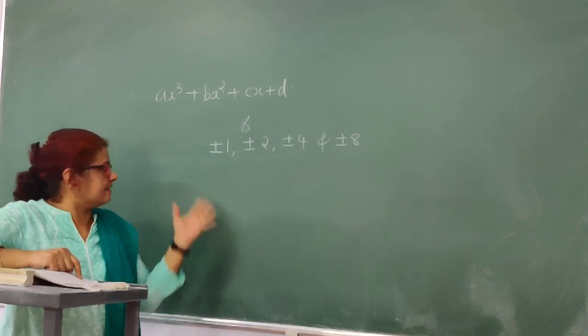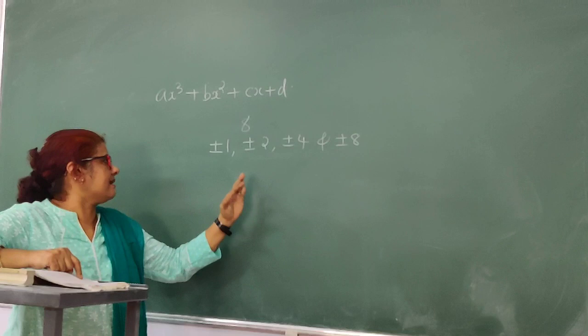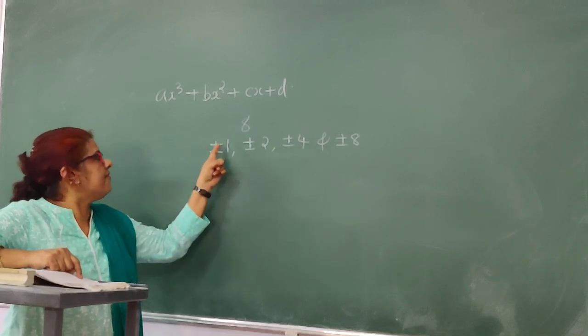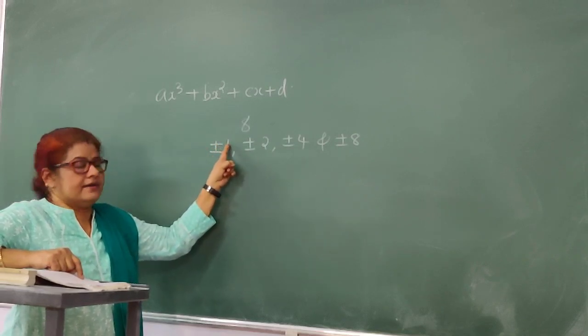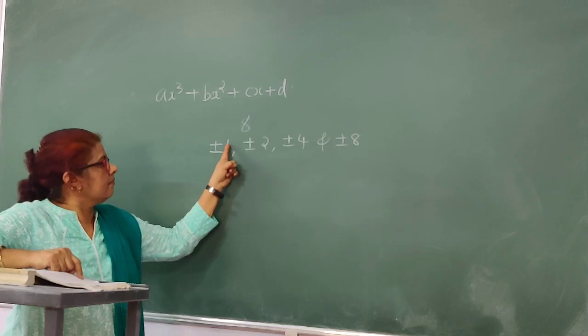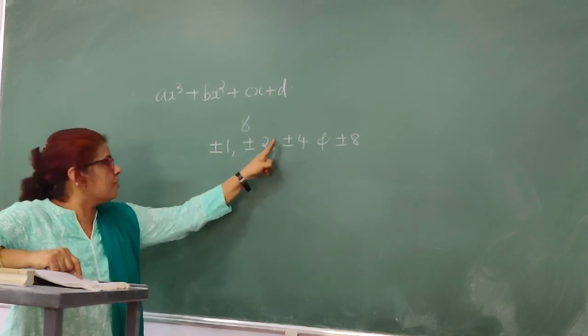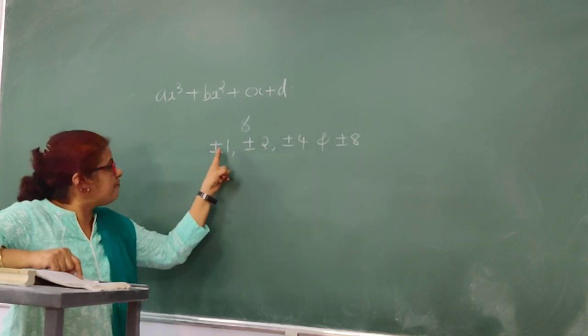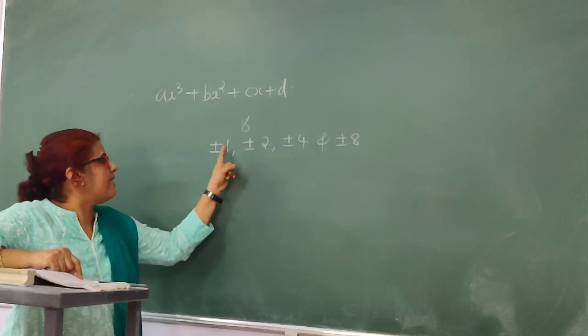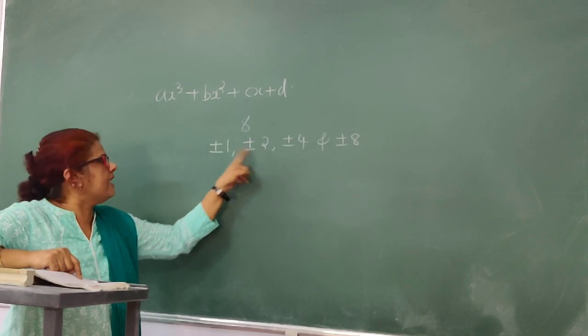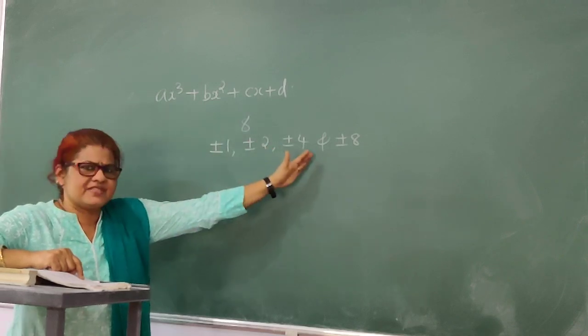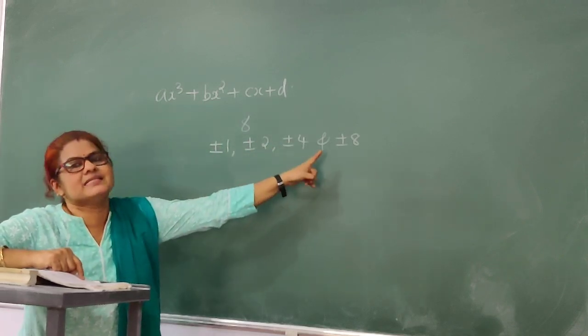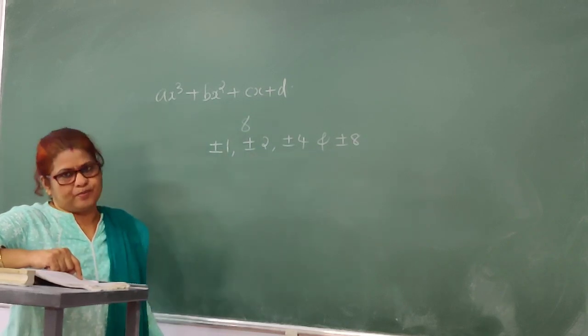Then we apply the factor theorem by trial and error: if p of 1 is 0, we can say that 1 is a zero of this polynomial. If p of minus 1 equals 0, then x plus 1 is a factor, as we have studied. That is the way of finding zeros of a cubic polynomial.